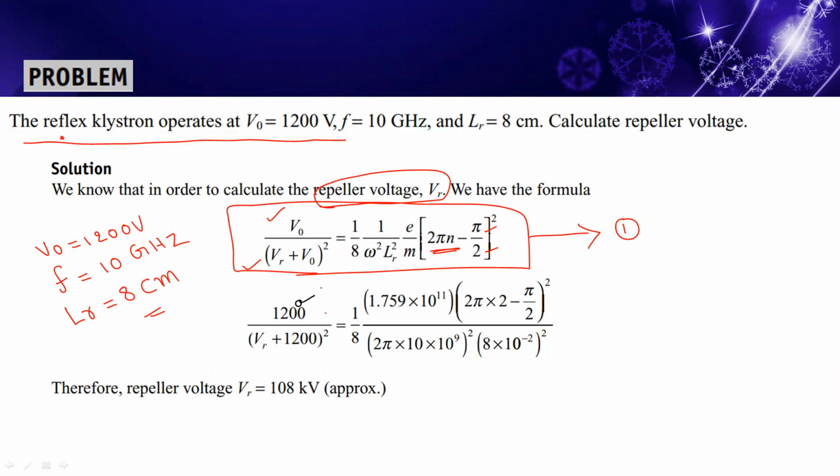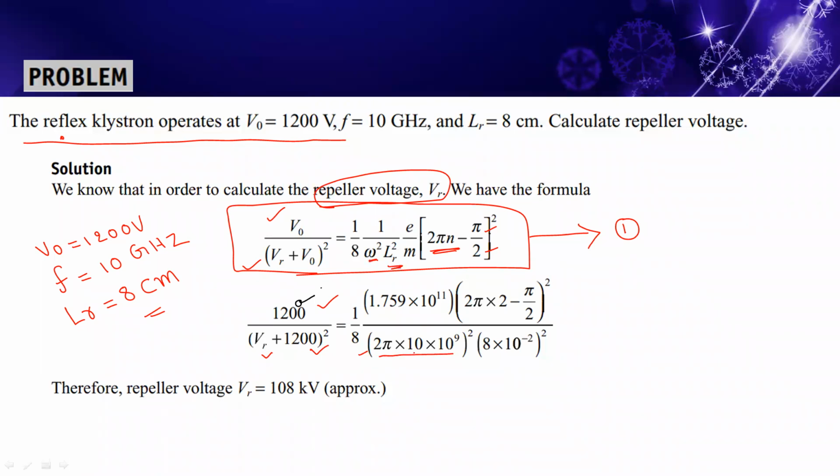So entire data V naught given. So this one VR is unknown. V naught 1200, 1 by 8. So by solving all this, omega square L square, E by M directly given, omega equal to 2 pi f.